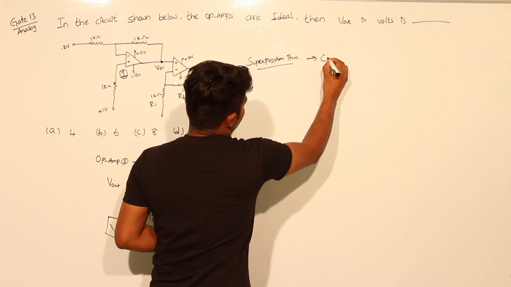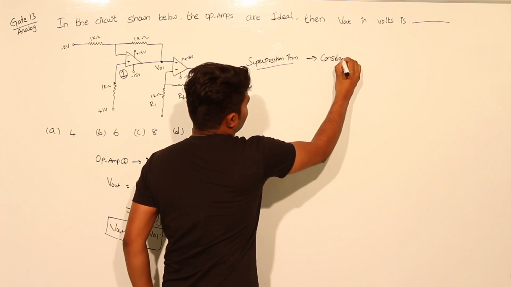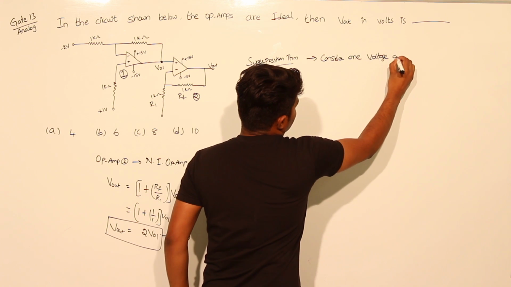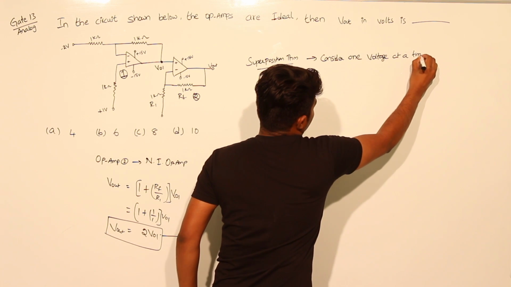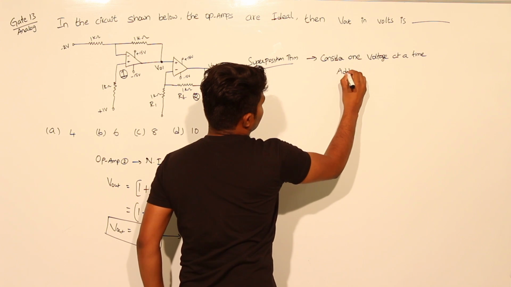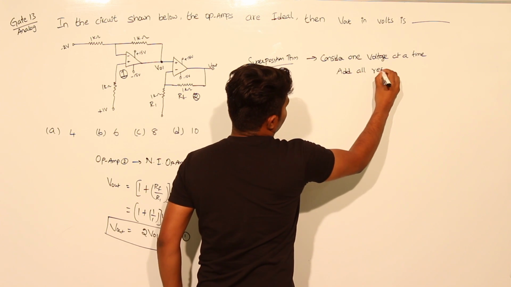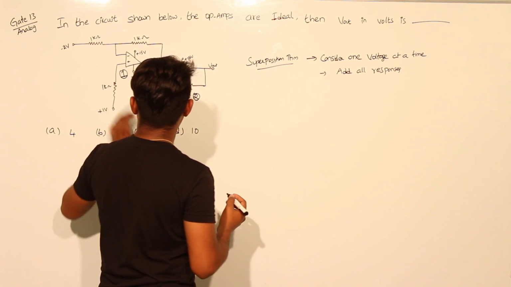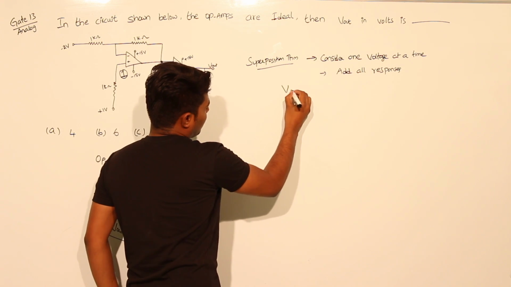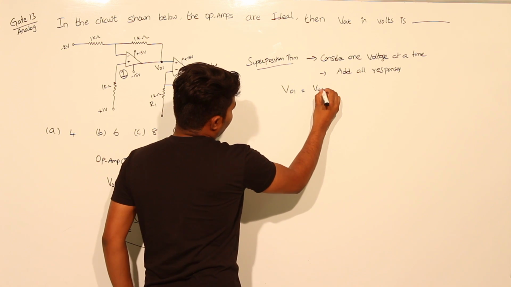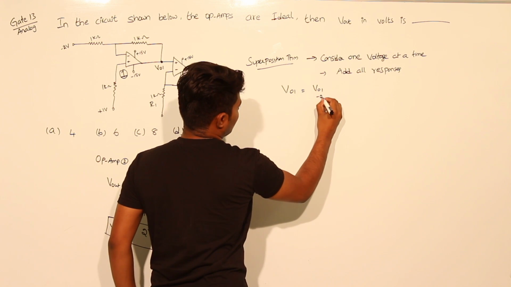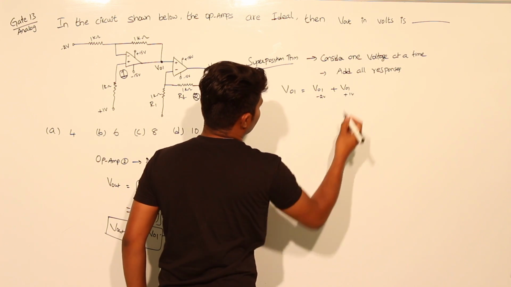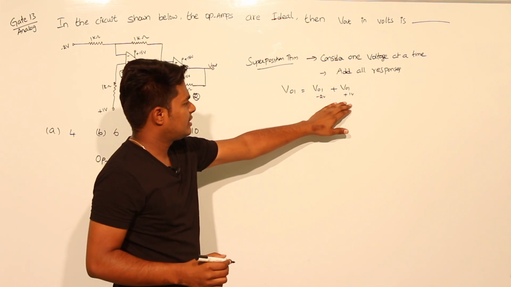So VO1 equals VO1 due to minus 2 volts plus VO1 due to plus 1 volt. These two we need to find separately.